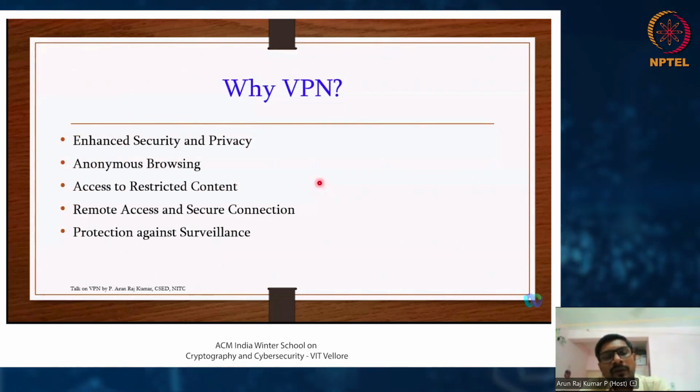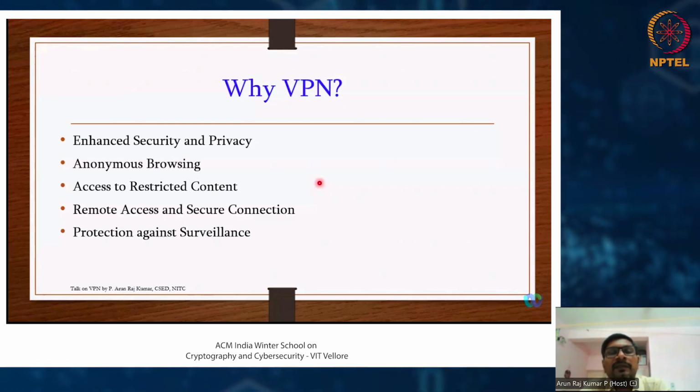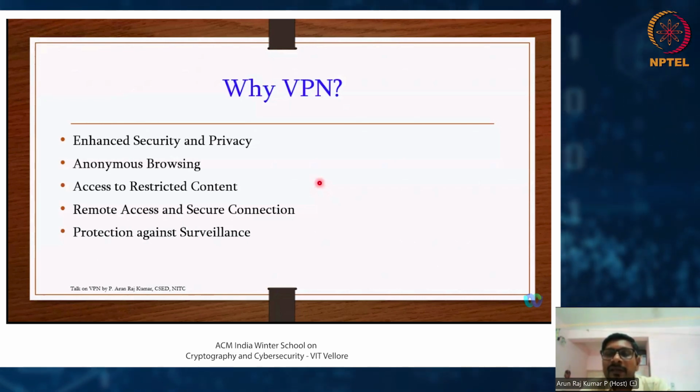So why VPN now? You have understood that we are able to have enhanced security and privacy at the network layer, and anonymous browsing, because nobody knows who is watching the website except the commercial VPN providers. Even the ISPs are not aware of which site you are watching if you use a VPN client. Then access to restricted content.